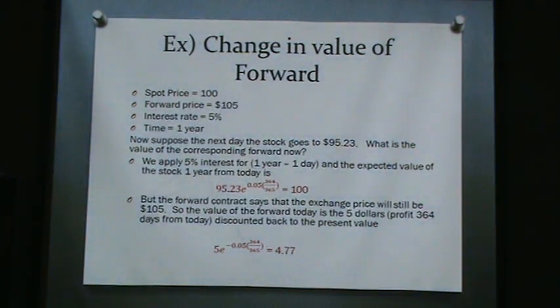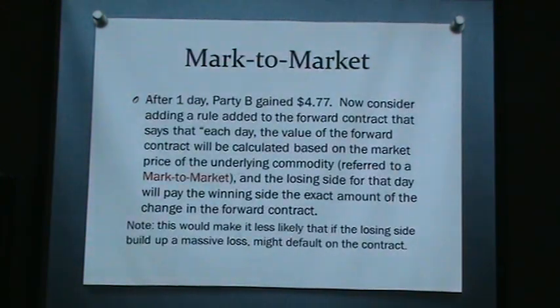From the point of view of your company's bookkeeping, after one day party B gained $4.70, which means party A lost $4.70.